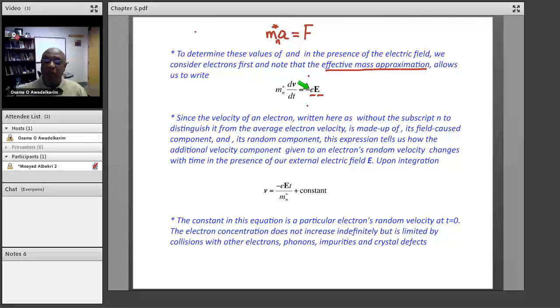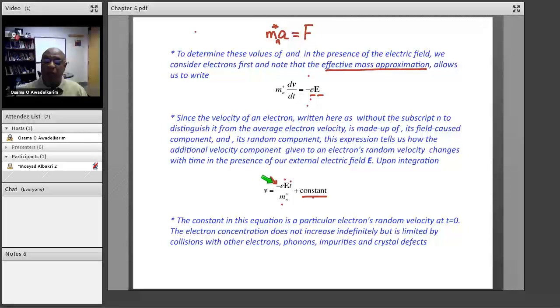So if we integrate and we take m star to the right-hand side, then we get V equals minus e, the charge of the electron, times capital E, the applied electric field, times time divided by m star n, plus a constant of integration. So this is an expression for the velocity of the electron, and it's opposite to the direction of the electric field, because you have a minus sign here.